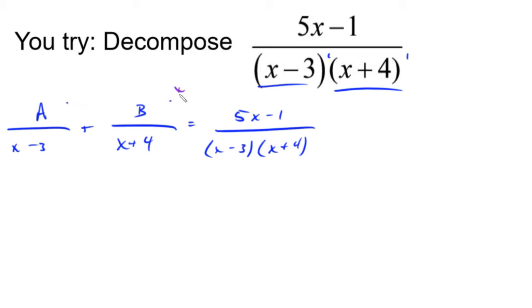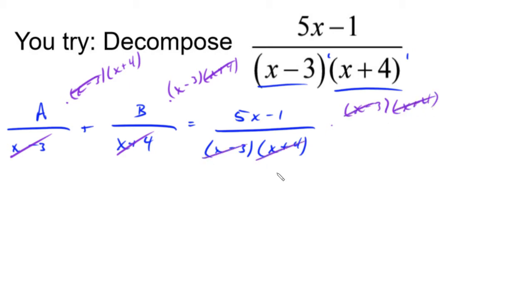So if we multiply by x minus 3, x plus 4, and x minus 3, and x plus 4. If we do this, the x minus 3 here will cancel, the x plus 4 here will cancel, and then over here, the whole thing will cancel. So you're going to have, and I'm going to skip doing this in the future.